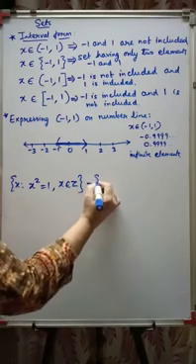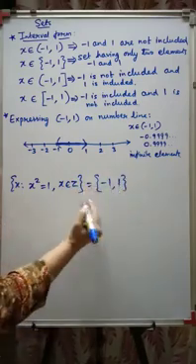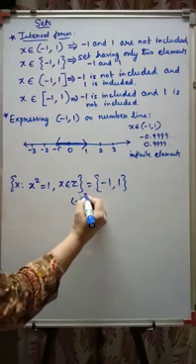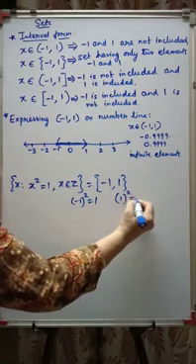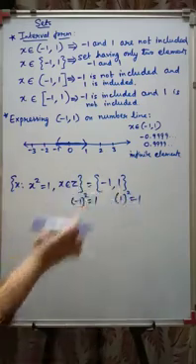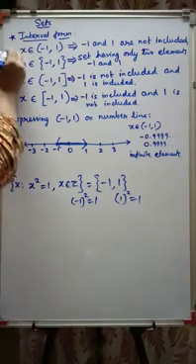You will write -1 and 1. What is the square of -1? 1. What is the square of 1? 1. So these are two elements, and this set contains only two elements.